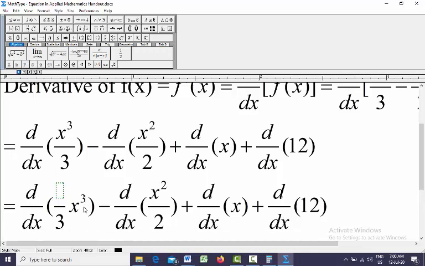To do differentiation, you need to move the variable from this number. So we have moved it to the right hand side. Since we do not have anything there, we can put a 1 there.